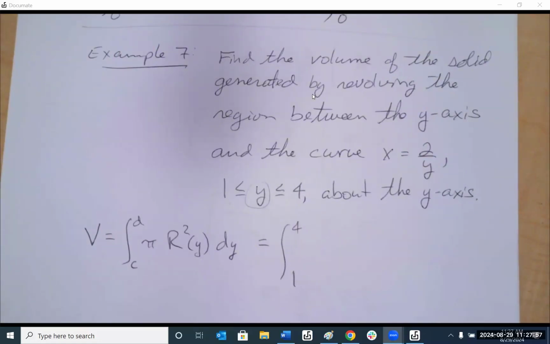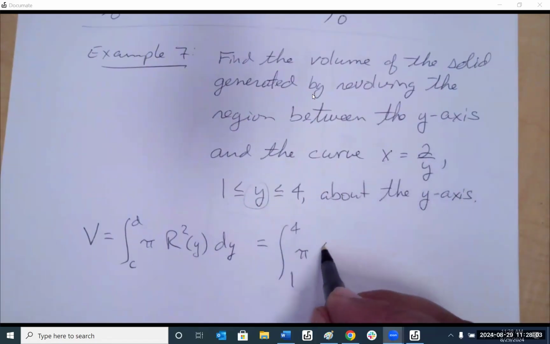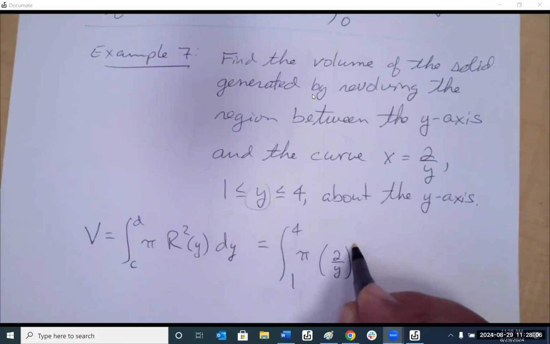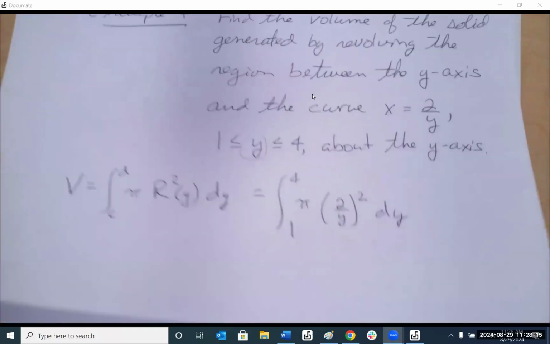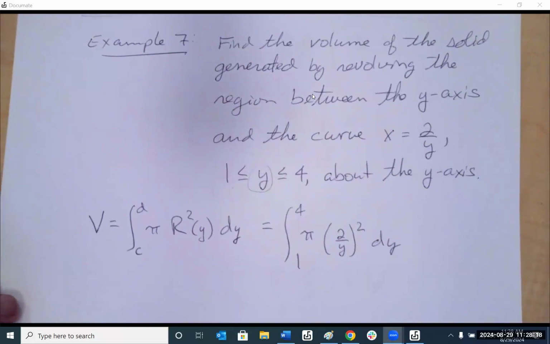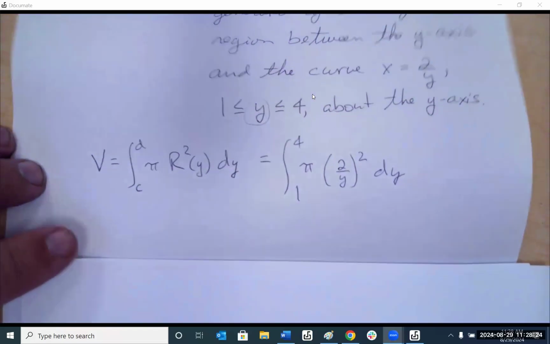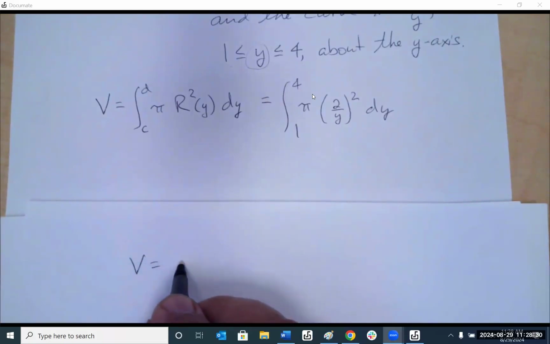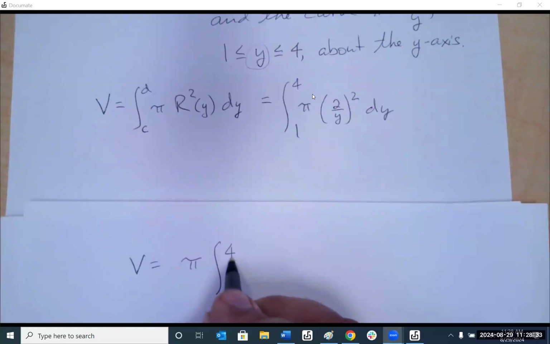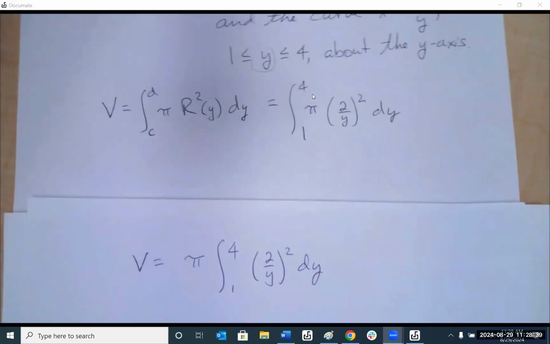We have to transpose those. And my function, since it's already an x, it's 2 over y squared dy. So my volume equals, I'll take the pi outside, 1, 4, 2 over y squared dy.